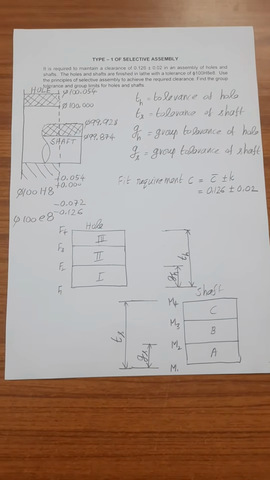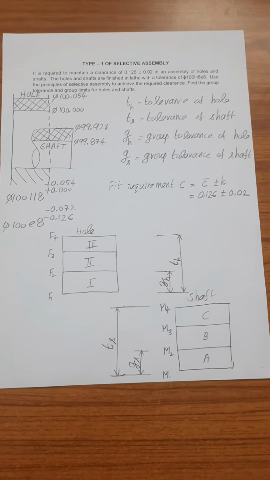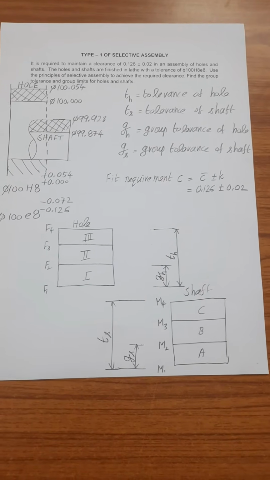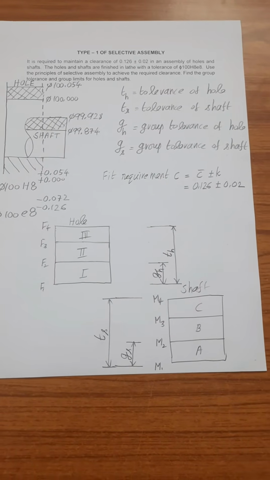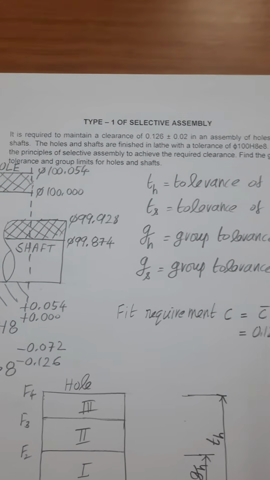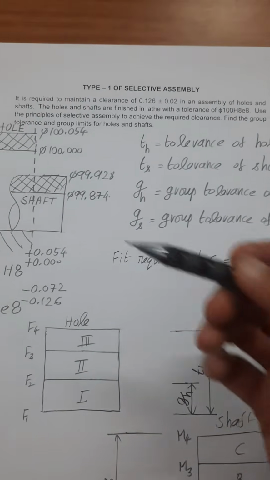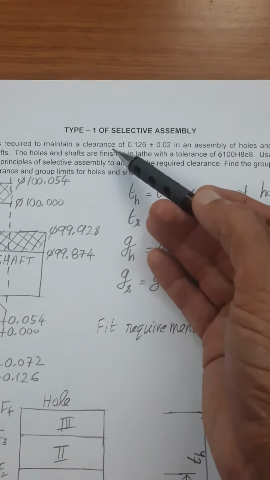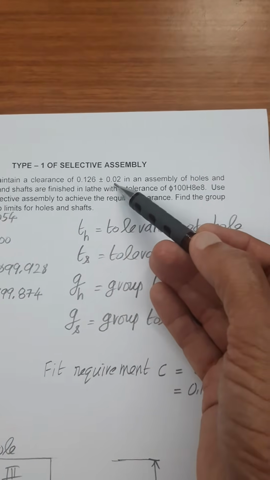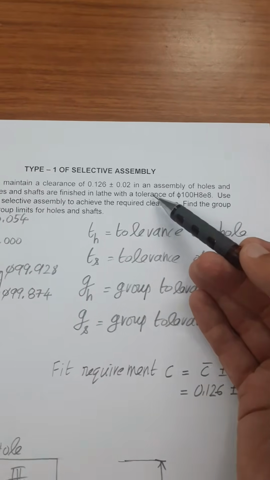There are three types of selective assembly. In this session, we will discuss the first type of selective assembly with an example. The example is written on the top of the page. We need to maintain a clearance of 0.126 plus or minus 0.2 in an assembly of holes and shafts.